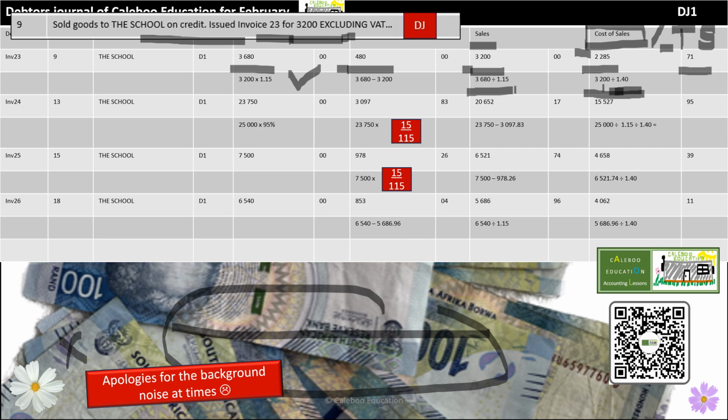The sales amount is the exclusive of VAT amount, and for the cost of sales we need to take off 40% because there was a markup on cost price of 40%, and that will give us the historical cost of the trading inventory, the stock that we sold.